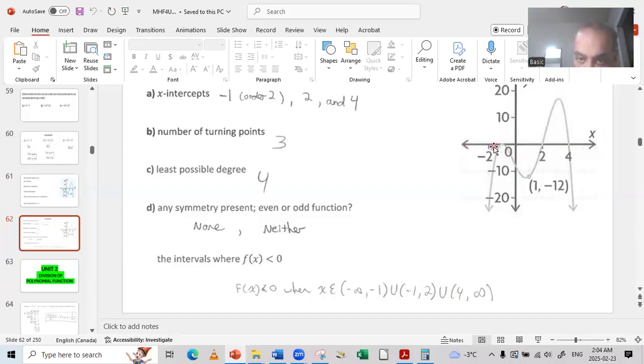From minus infinity to -1, this is -1 here. From minus infinity this way, it's going till -1. And then after that, from -1 to 2, this is the second part. Then from 4, the last intercept here, 4 till infinity. And we can see also we put it in round brackets here.